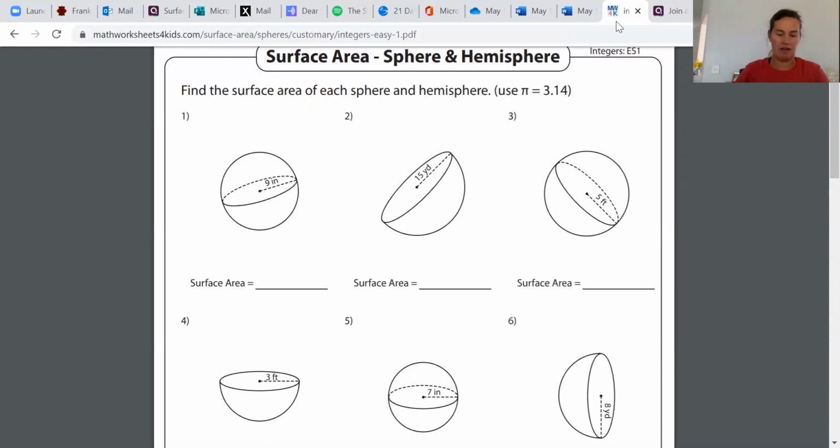So if I just find that surface area, let me get my trusty calculator out. I'm going to do 4 times 3.14 times 15 squared, and I get 2,826.